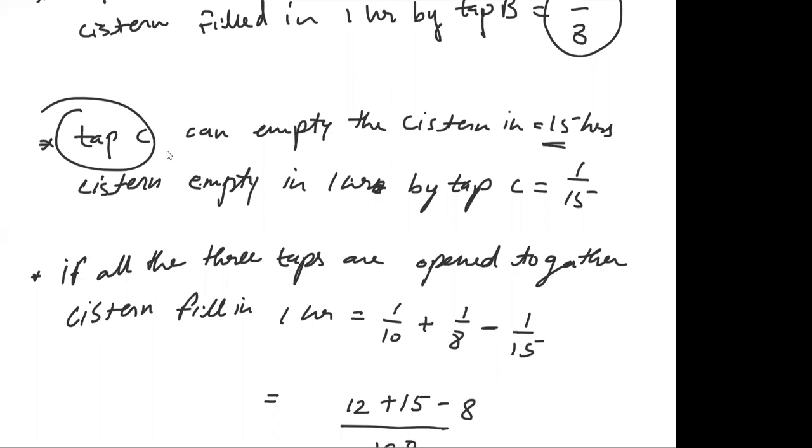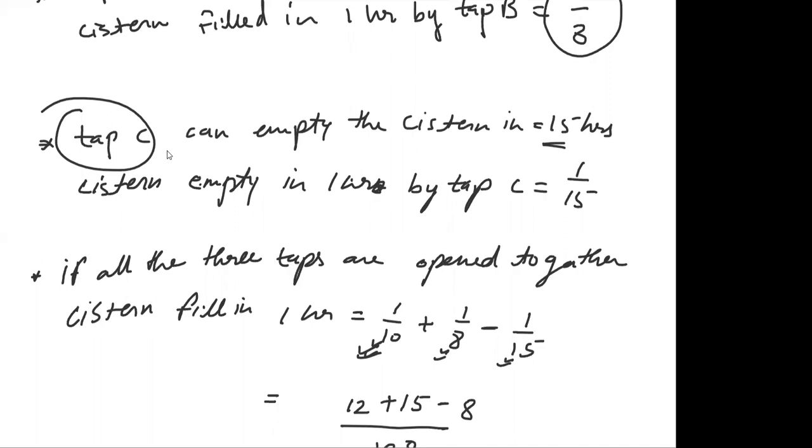So if we open all the taps for 1 hour, how much will the cistern fill? So cistern filled by A, and cistern filled by tap B, and cistern empty by tap C. So for empty you will minus.